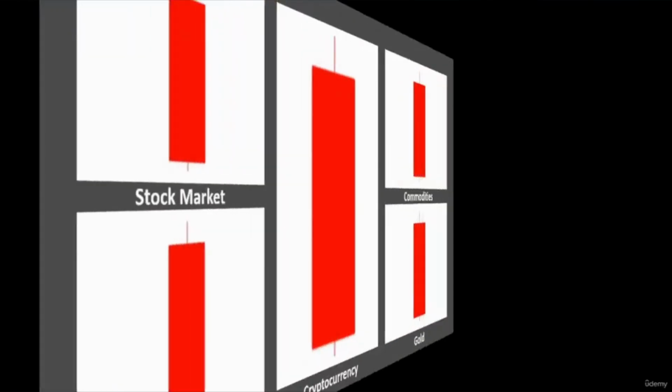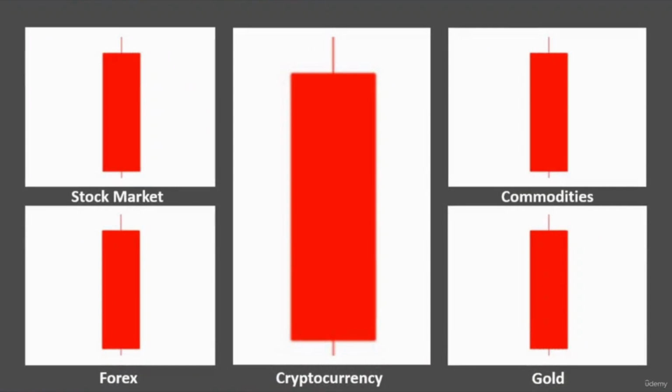By the same token, because they're all securities, it doesn't matter what type of security market you're working with. So whether it's cryptocurrency or the stock market or Forex or commodities like trading on pork belly prices or gold or silver and other types of precious metals, how you use a concept like candlesticks will be universally applicable.